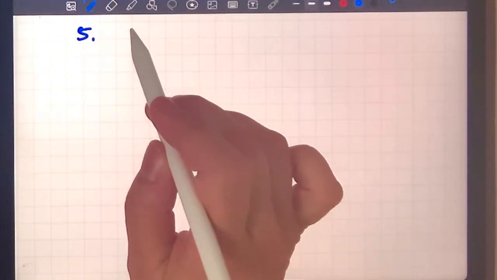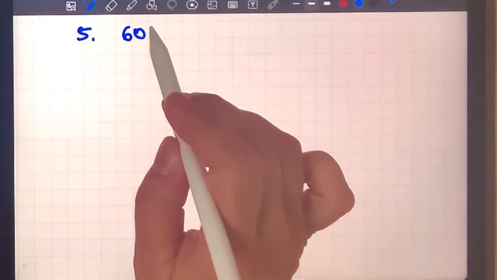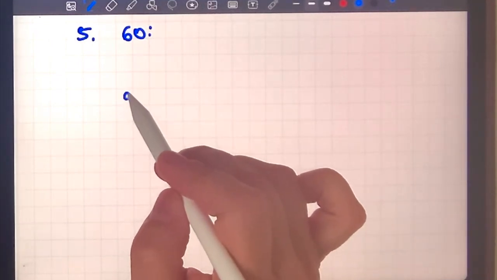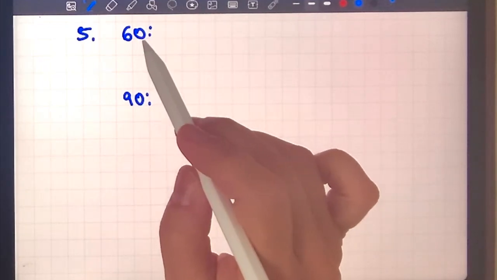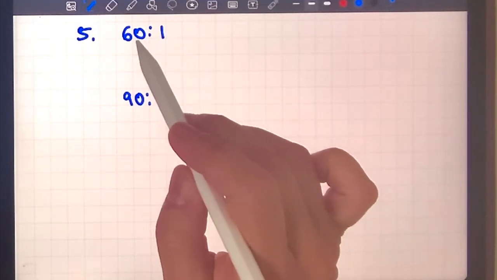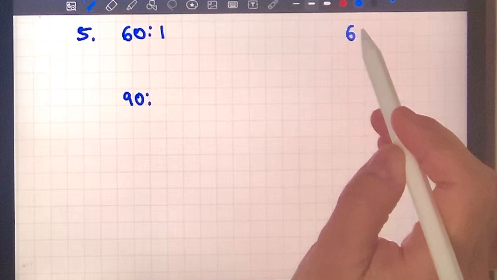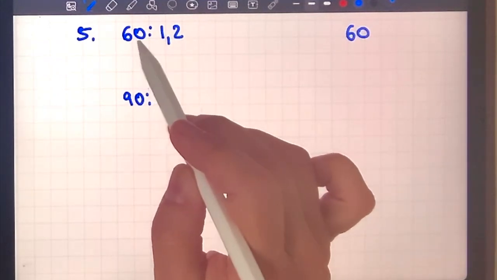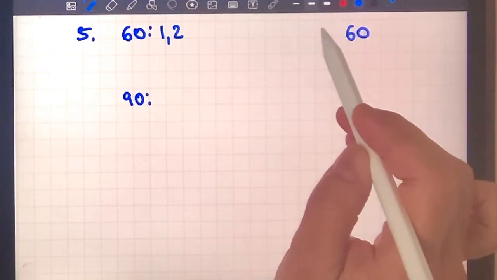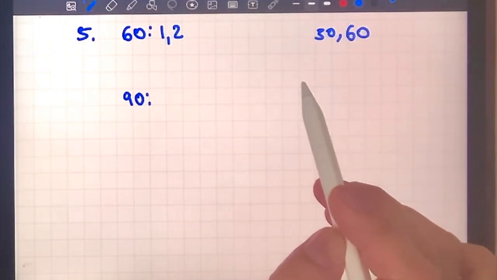Okay, and we're going to clear the page and move on to the last example, number 5. We need to find the HCF of 60 and 90. Starting off with 1 and the number itself. It's an even number, so 2 will be a factor, and 2 goes into 60 30 times.